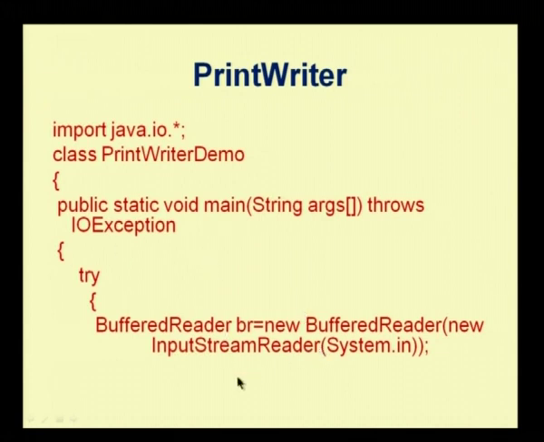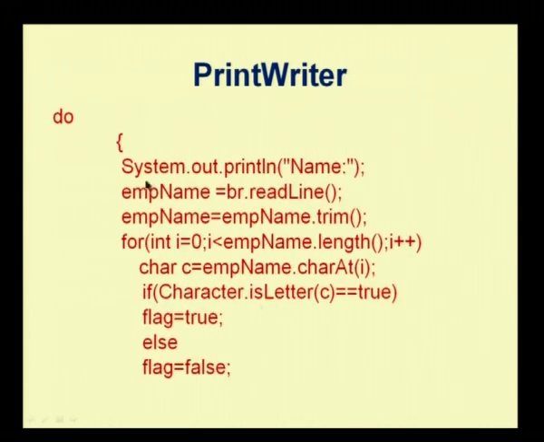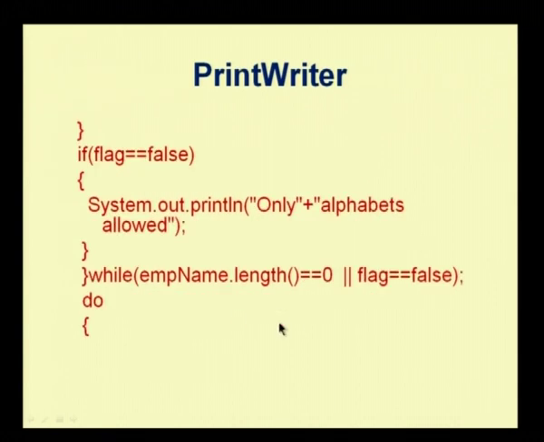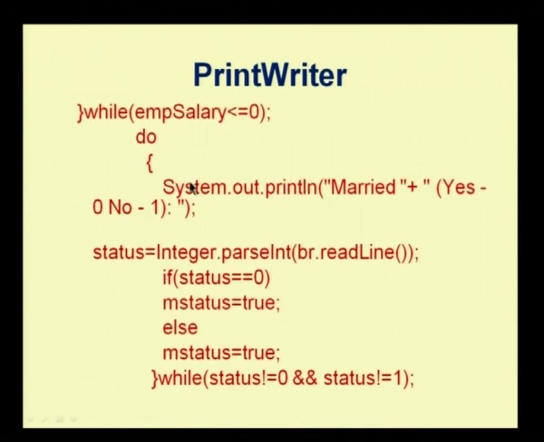So here in this demo program you can see the BufferedReader reading from your input, and I am having a set of inputs that is taken about employee name, salary, status, etc. Then I use the BufferedReader to read the contents, and I am validating whether it is of type Character.isLetter, so it will allow only the alphabets. You can see I am parsing that and reading the name, then I am reading the salary, then I am checking the status.